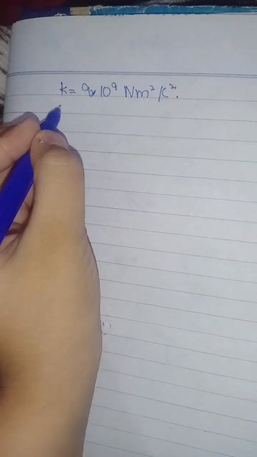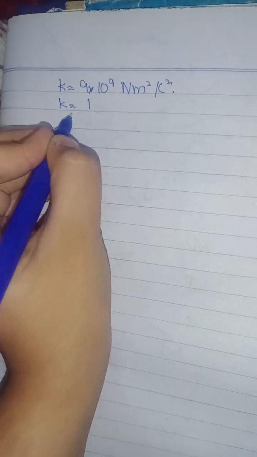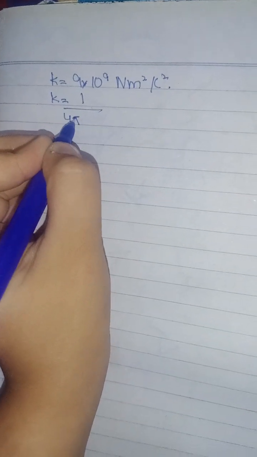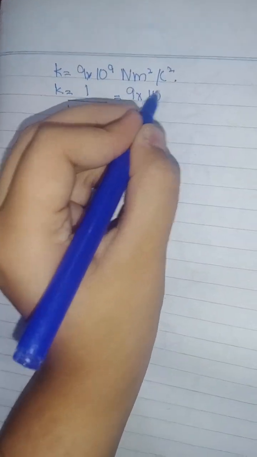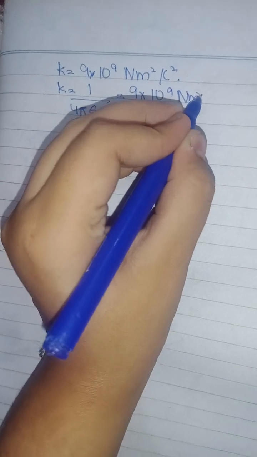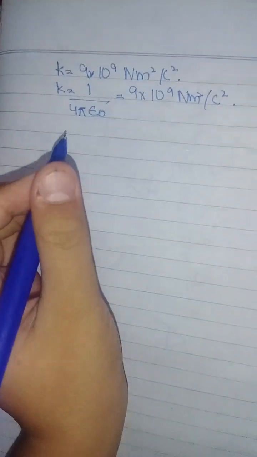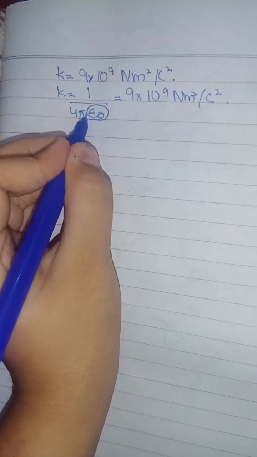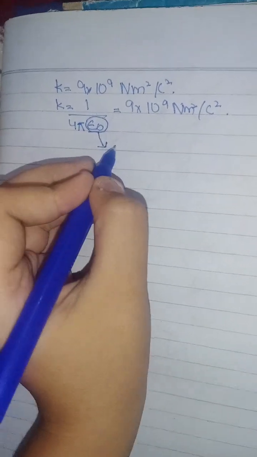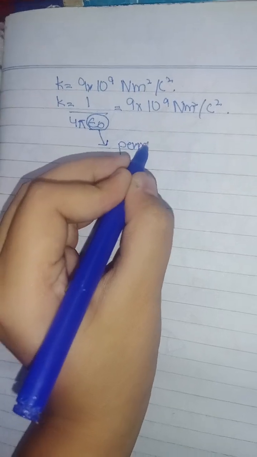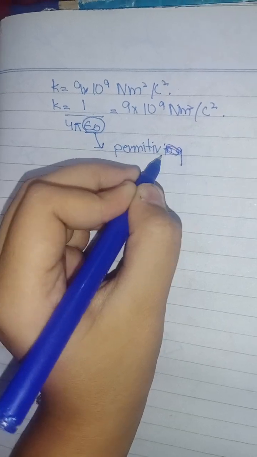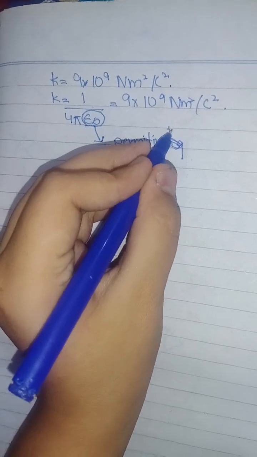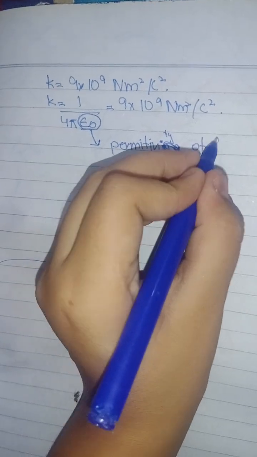Now here we have another formula, that is K is equal to 1 upon 4 pi epsilon, which is equal to 9 multiplied by 10 raised to power 9 Newton meter square per Coulomb square. Now what is this epsilon? It is basically the permittivity of free space.